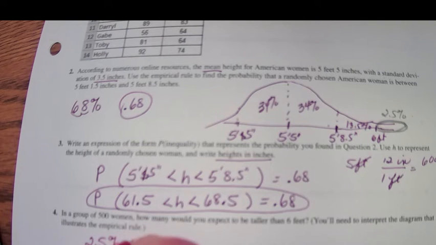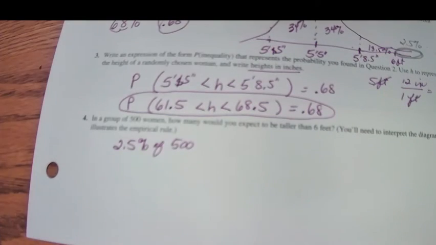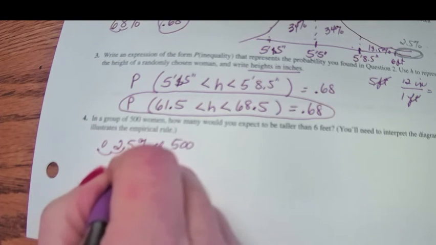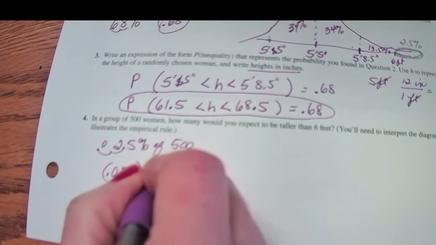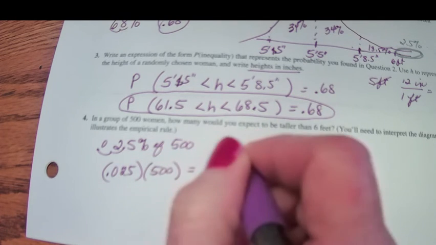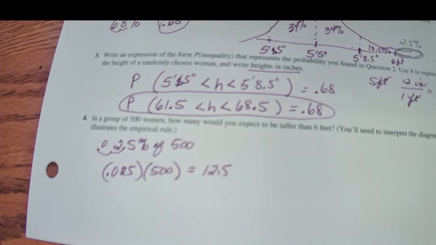So 2.5% of 500. Change the percent to a decimal. So we want to move our decimal point over 2. 0.025, the word of means multiply. 500, we're going to get 12.5 women. Pardon me, and you don't want to leave your answer like that.